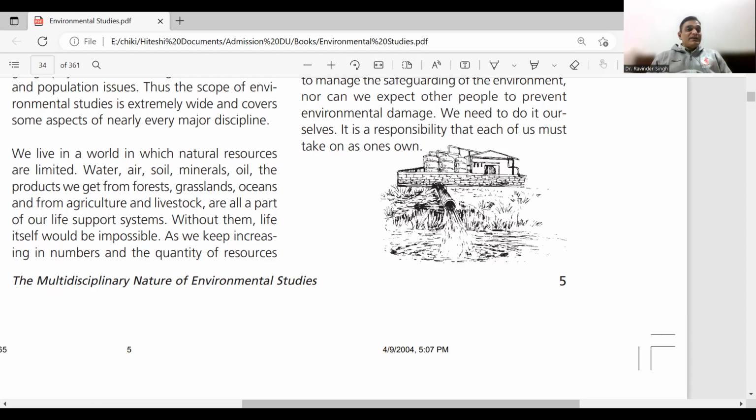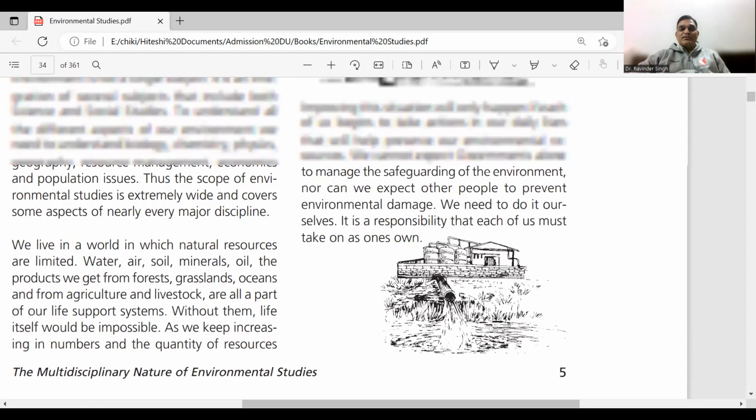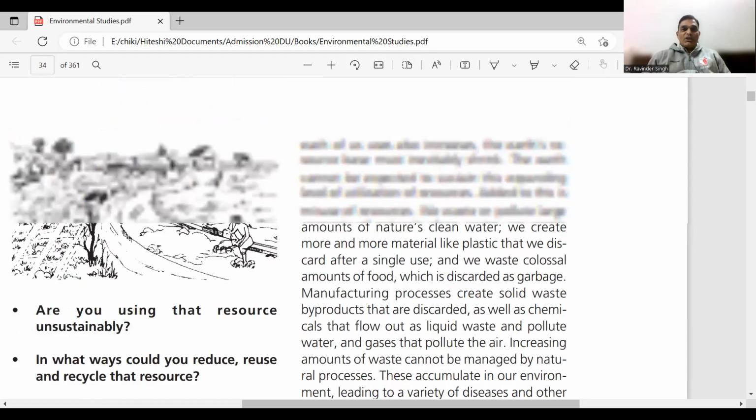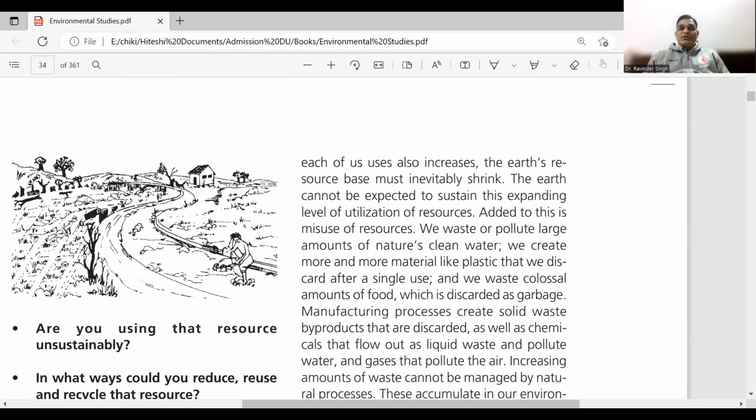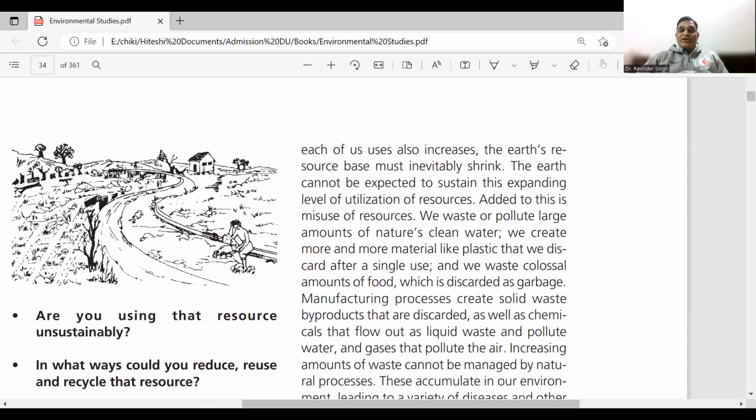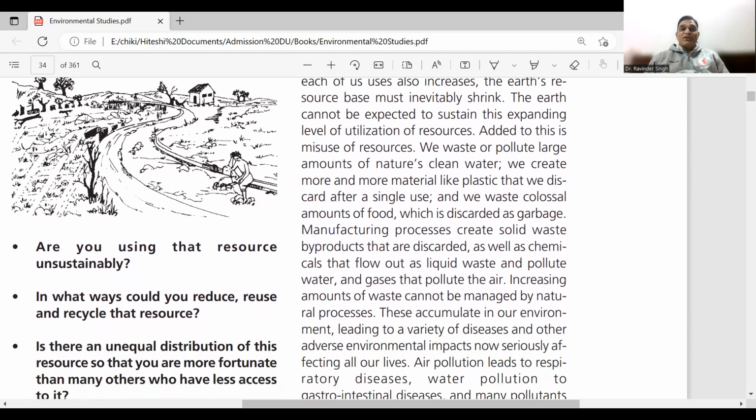As we keep increasing in numbers, the quantity of resources each of us uses also increases. The Earth's resource base must inevitably shrink. The Earth cannot be expected to sustain this expanding level of utilization of resources.